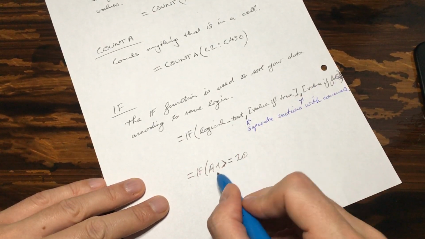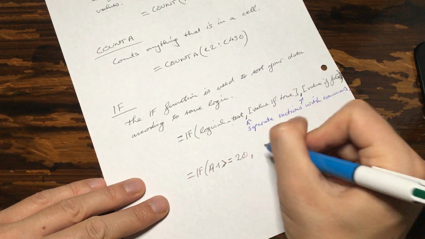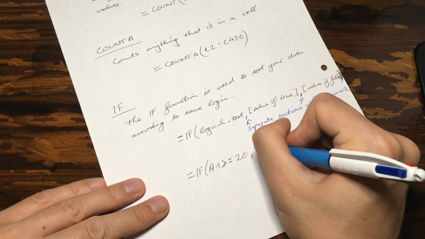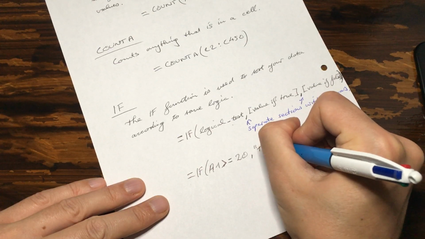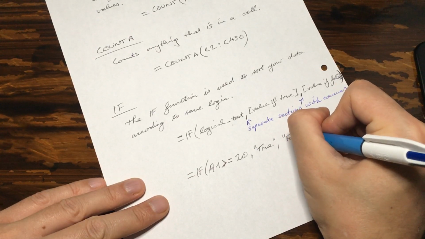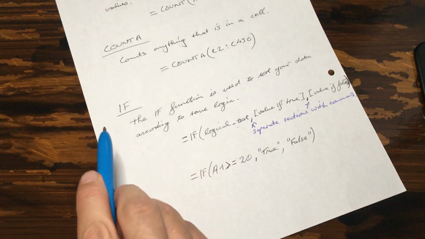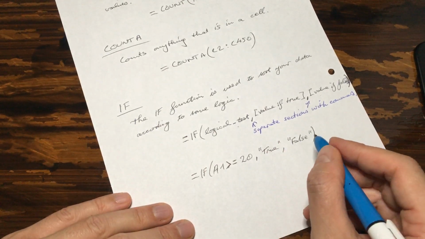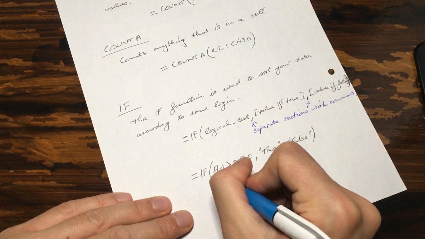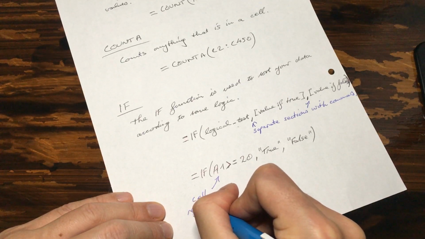Okay, so if this logical test is true, then I'm going to say true, and if it's false, I'm just going to say false. Okay, so this is how it looks. Now, what you need to notice about this, here, this is a cell reference.